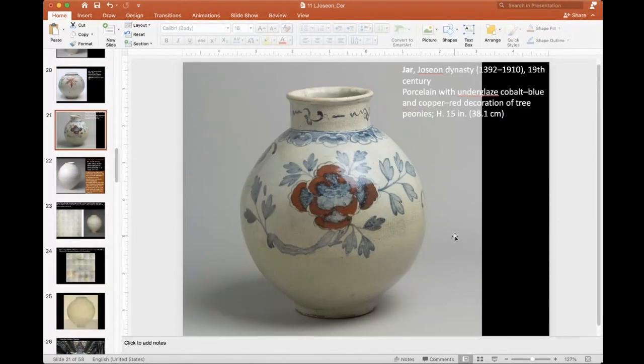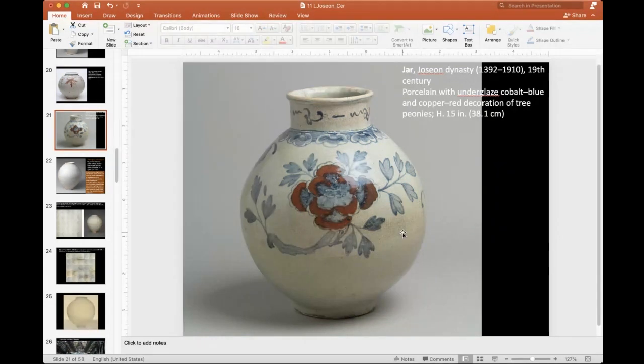And then in the late Joseon Dynasty, as late as the 19th century, you have this idea of using diluted cobalt blue with red pigments, the same red that you see over here, and that is copper red decoration. So flowers are red, and the branches and leaves are blue, and then you have some more decorations on the neck.